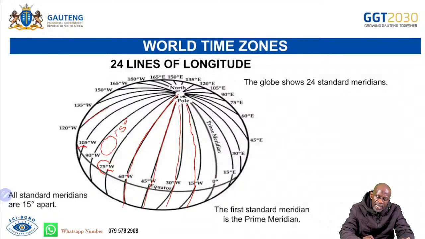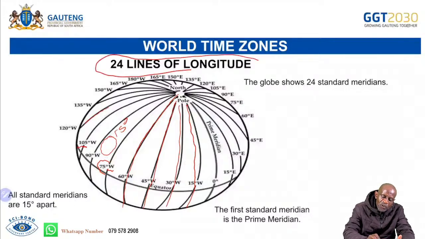So I think I've made it clear the type of lines that we are referring to. It further explains here the 24 lines of longitude. They are demonstrated for you on this globe.